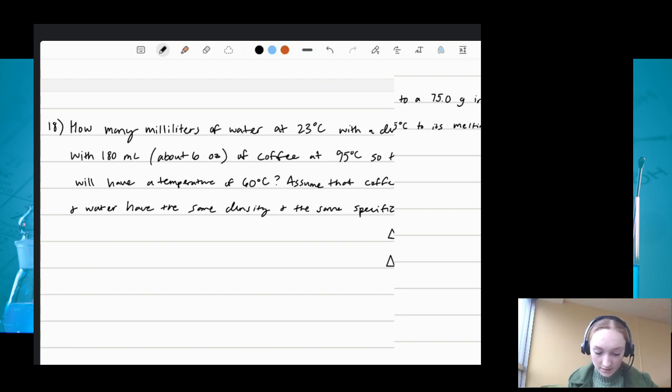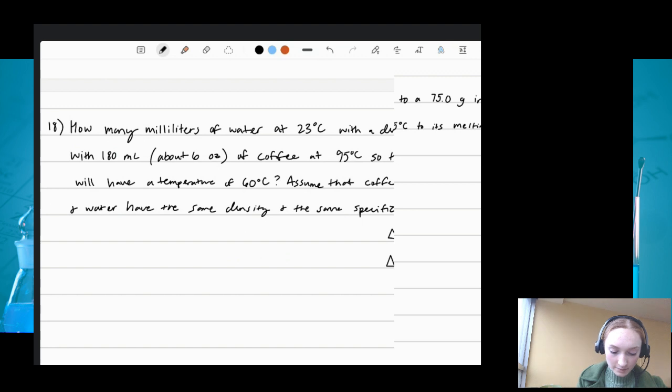Because they have the same density, and the density of the water is 1.00 grams per milliliter, it's just a 1-to-1 ratio between milliliters and grams. So because we're working with 180 milliliters of coffee, yes, it's going to be the same thing.